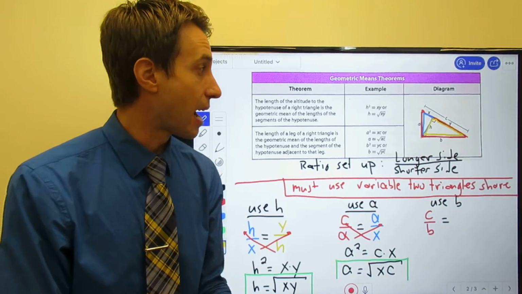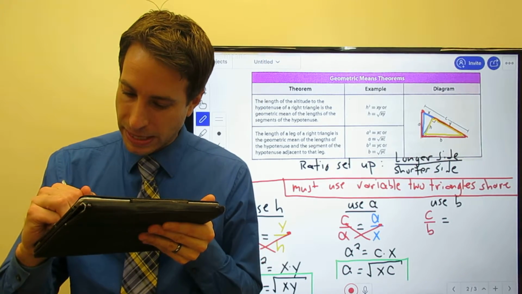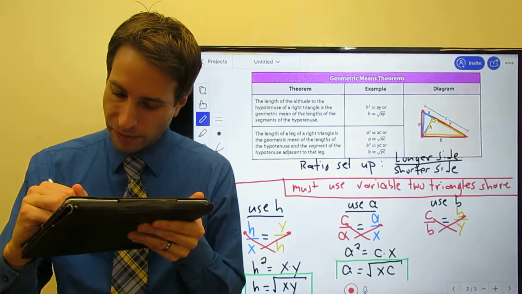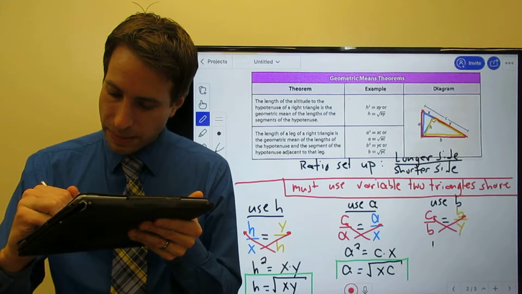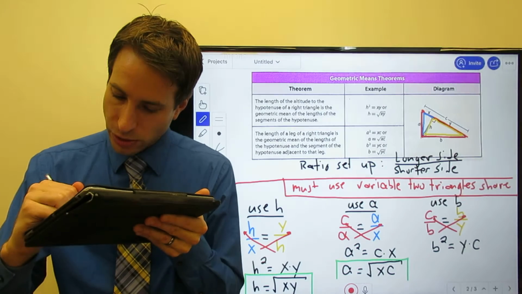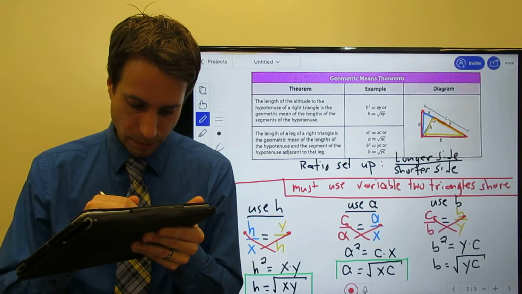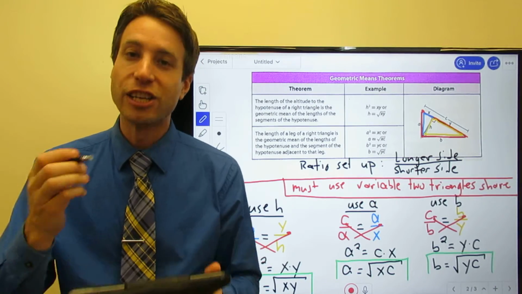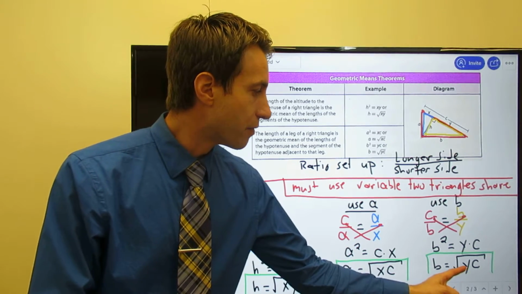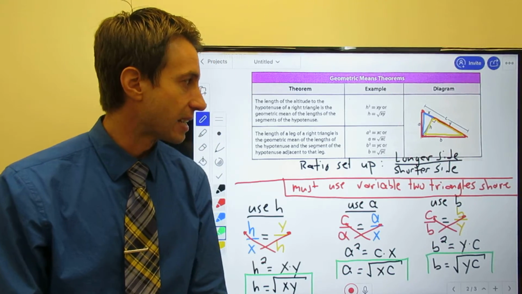In this case, B is the longer side and Y is the shorter side, so it'll be B over Y. And just like we've done countless times before, we cross multiply, we get B squared is equal to Y times C. Take the square root of both sides, and we get another geometric mean. B is the geometric mean of side Y and side C, the square root of Y times C.